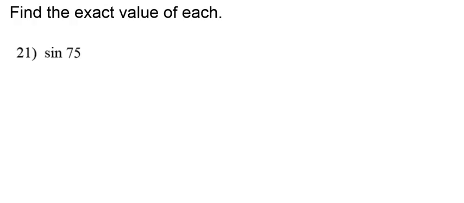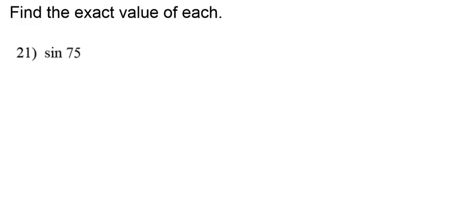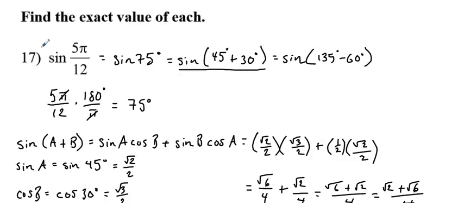Okay, next up, we have problem 21 that says the sine of 75, but I'm actually going to skip here to problem 22. And this says the sine of negative 75. Now, in order to find the sine of negative 75, we need to find the sine of 75 degrees. And we've actually done this already, and this was done in problem number 17.